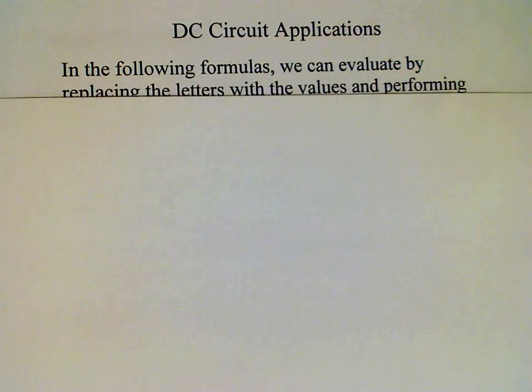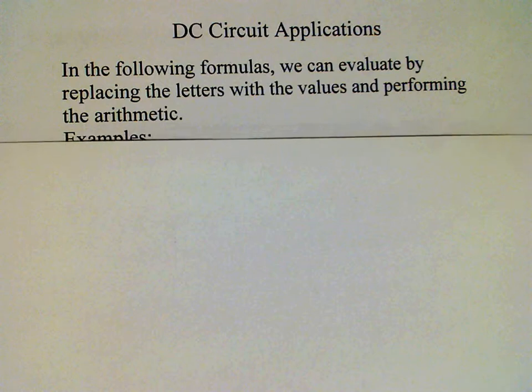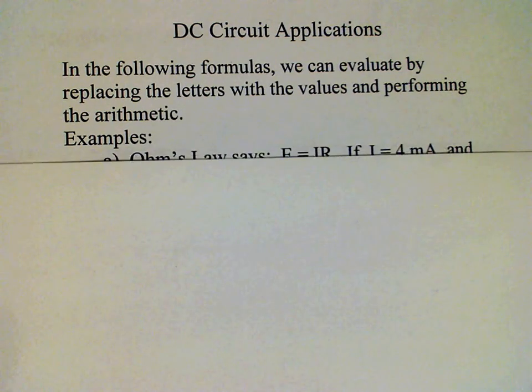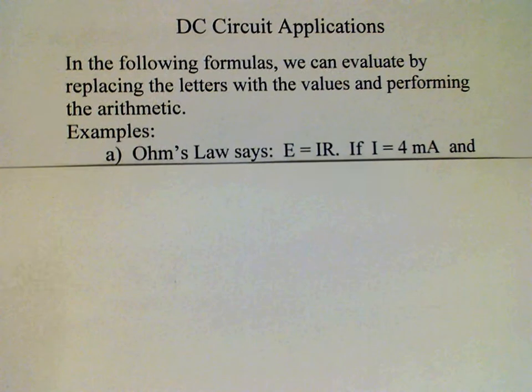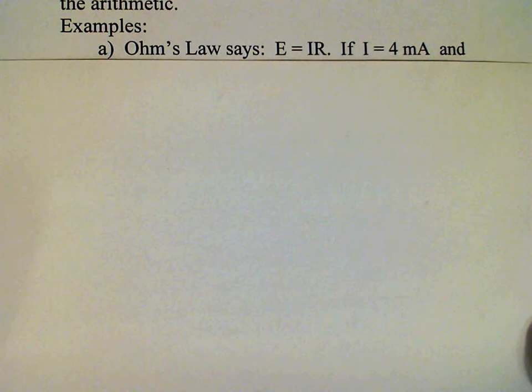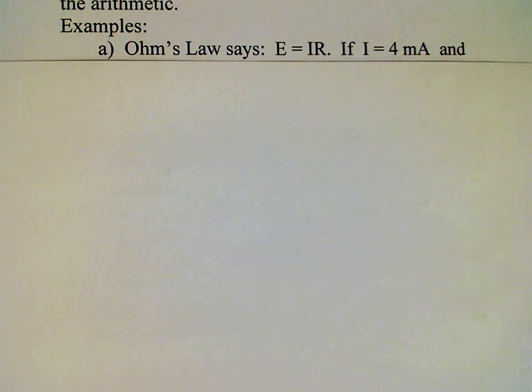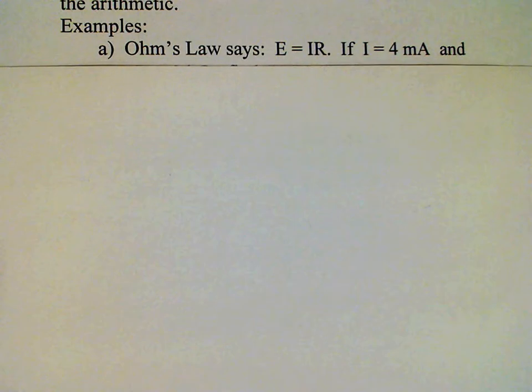We've already seen Ohm's law, and that will be our first example. Previously we wrote Ohm's law as V equals IR. It can also be written as E equals IR, where E is the source voltage or electromotive force.